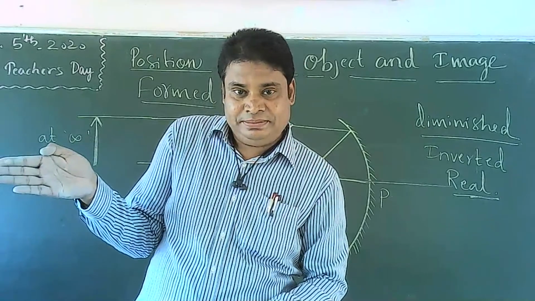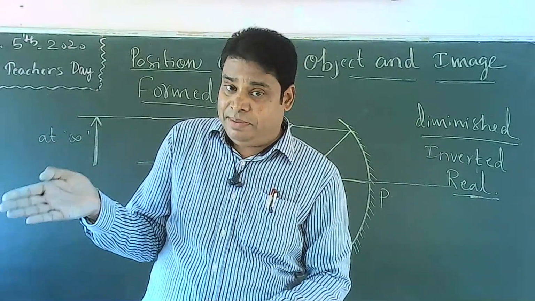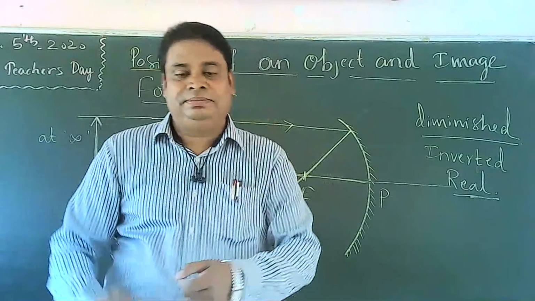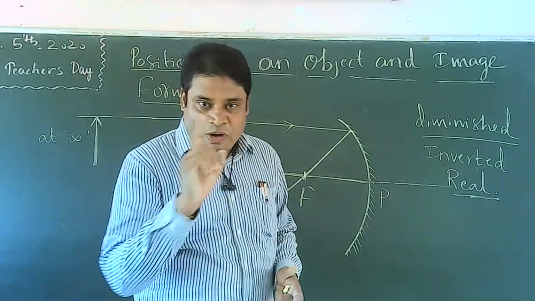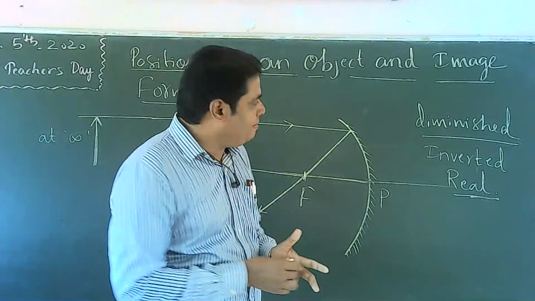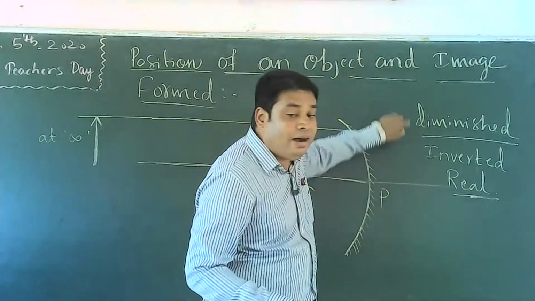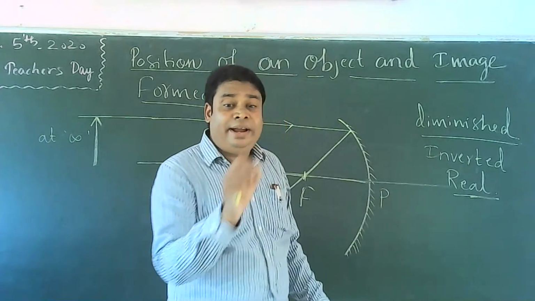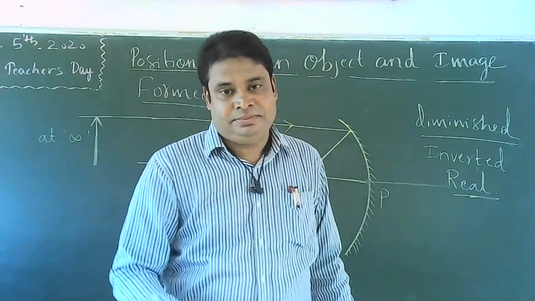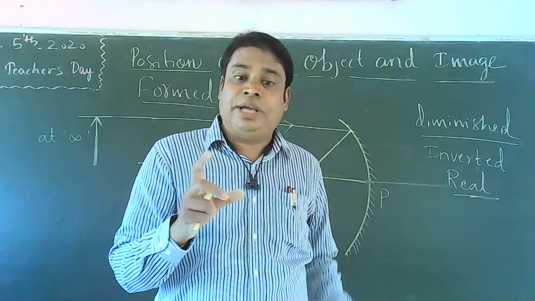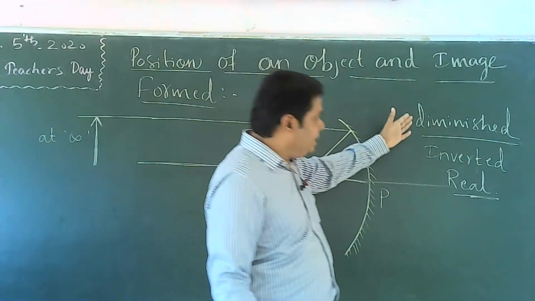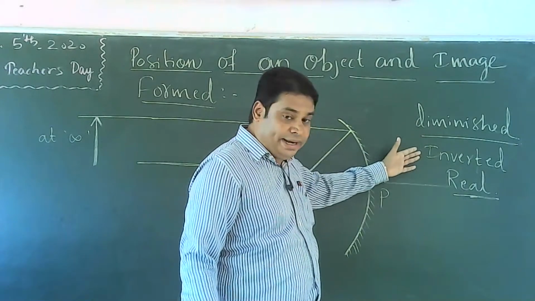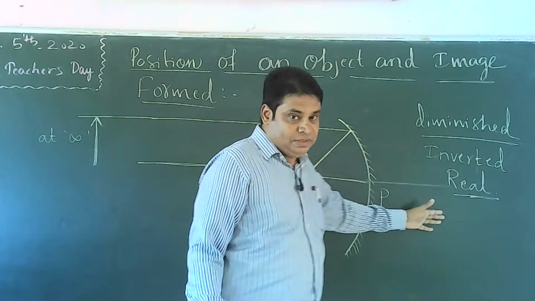The image on a screen. But the nature of the image is that it is inverted, upside down. While solving problems, remember these things are usually asked. The right nature of the image formed. They ask you to write how the image is, its nature. Then you have to write it as diminished, inverted, real.